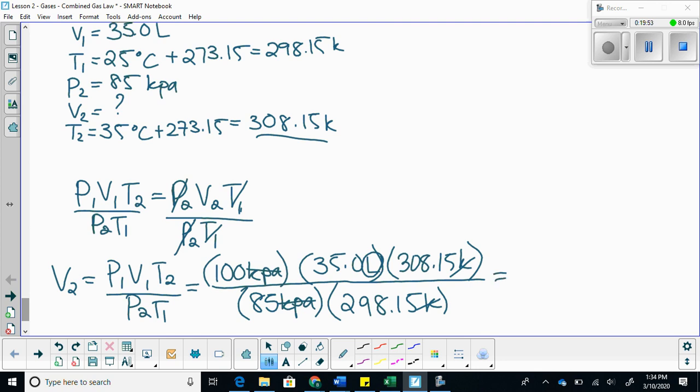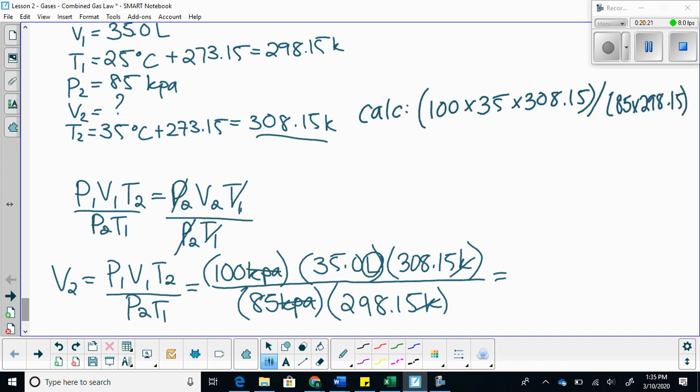Okay, we are going to plug this into our calculator very specifically. This is how I want you to plug it in. In your calculator, you're going bracket 100 multiplied by 35 multiplied by 308.15 close bracket, divided by bracket 85 times 298.15 close bracket.